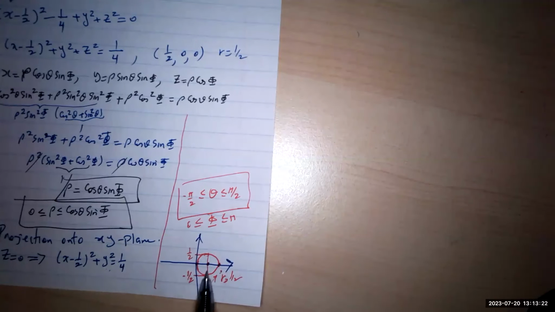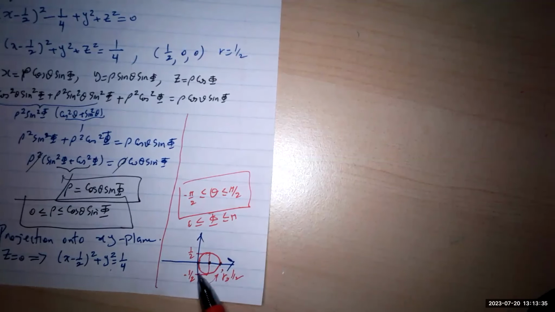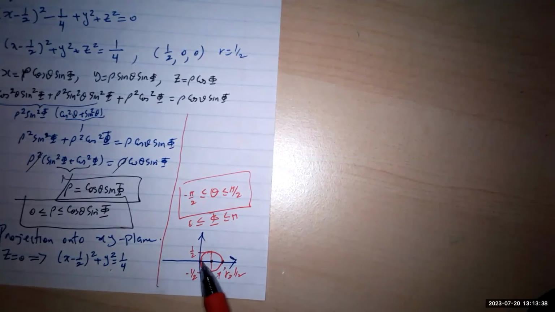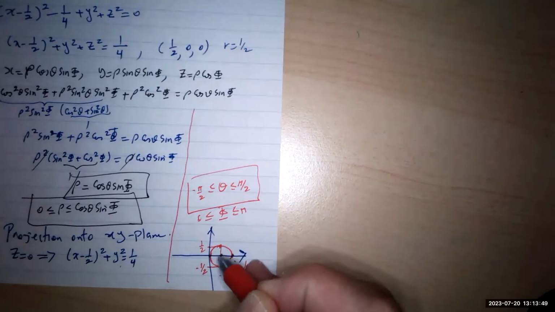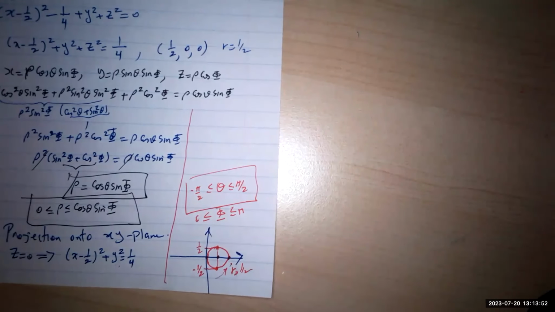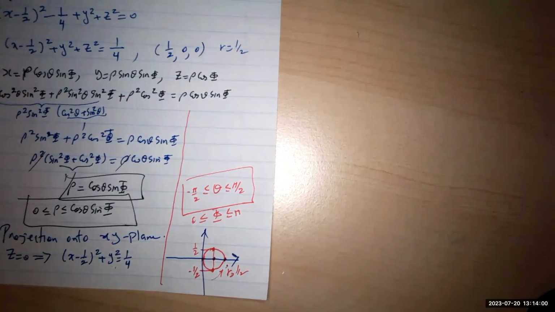So in this case, you see the center is here. If you want to characterize it in the direction that we have, if you go around the circle, you have the bottom one, the lower one, and the top one. If you pick different points, you are going to be between negative pi half and pi half. You can check these points with the xy coordinates and find the r, because r is 1/2.